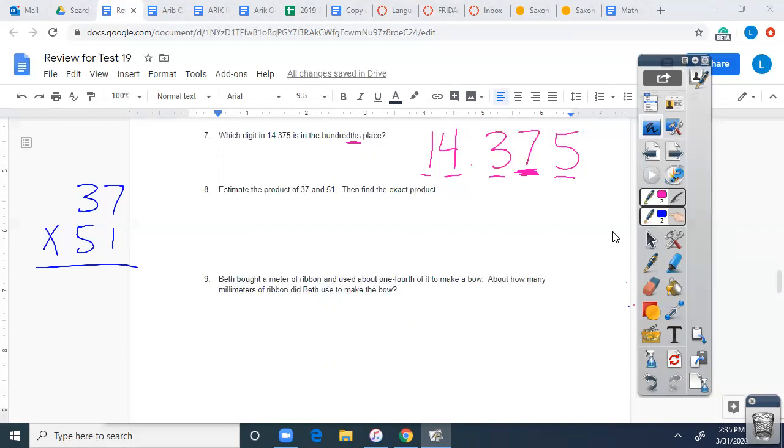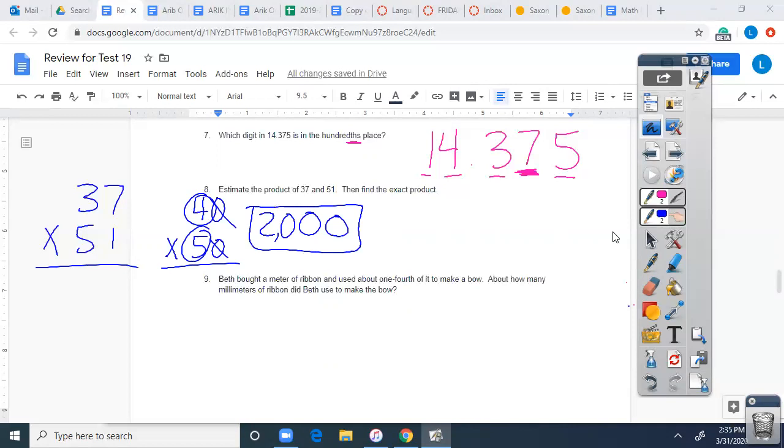If we were to round 37 to the nearest 10, we would get 40. If we were to round 51 to the nearest 10, we would get 50. We're estimating first. Remember my trick with the zeros? Cross off the 2 zeros, put the 2 zeros there. Then I just do 5 times 4, which is 20. So the estimate is 2,000.